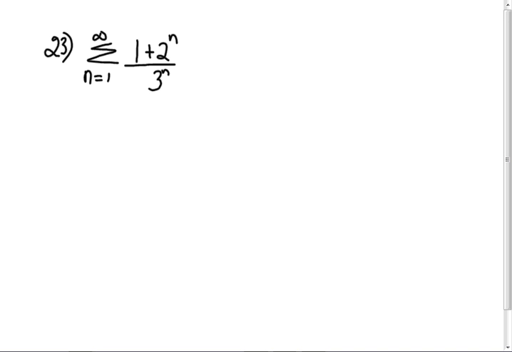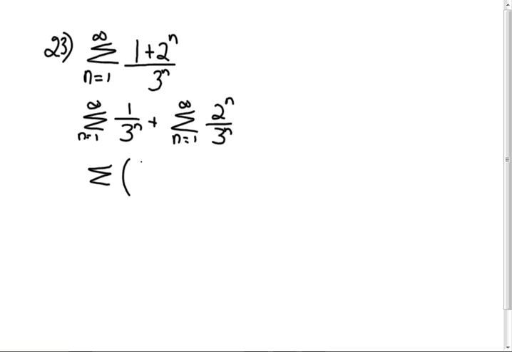Some of you might have. What is the first thing you should do? See if the limit of the sequence is 0, and it is, because this is what you have to do with this one. You have to divide this. It's 1 over 3 to the n starting with 1, not 0, plus the summation, n equals 1 to infinity of 2 to the n over 3 to the n. How about if I wrote it this way? This is 1/3 to the n. What's special about that?